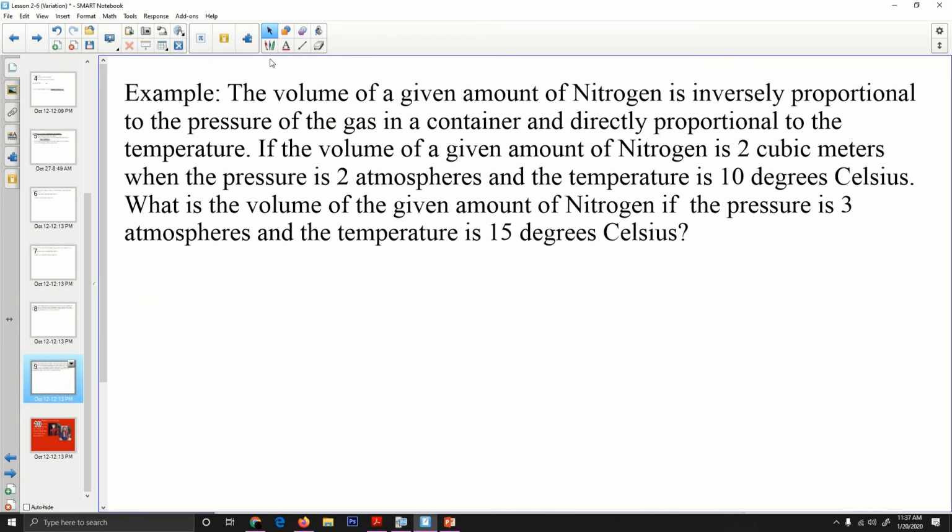Let's call V the volume, and we'll call it in meters cubed. And P is the pressure, P-R-E-S-S-U-R-E, in atmospheres.